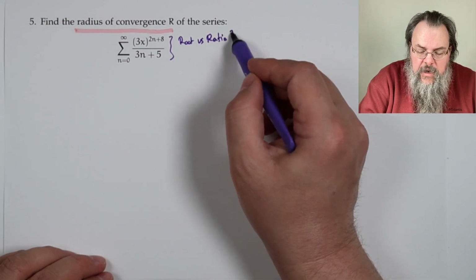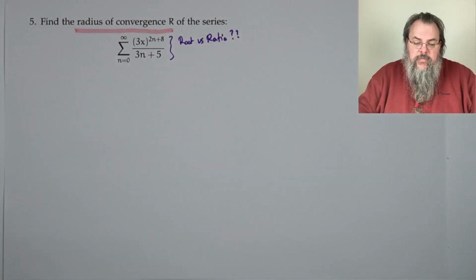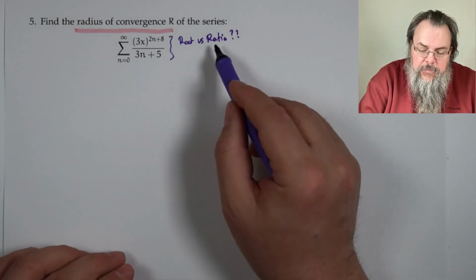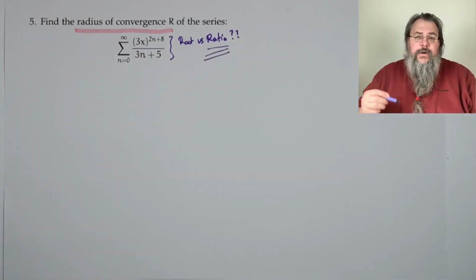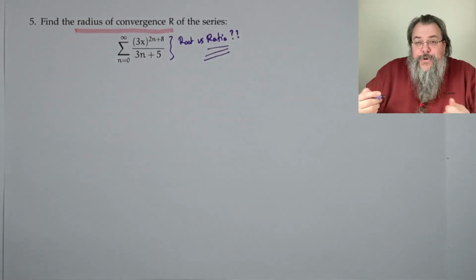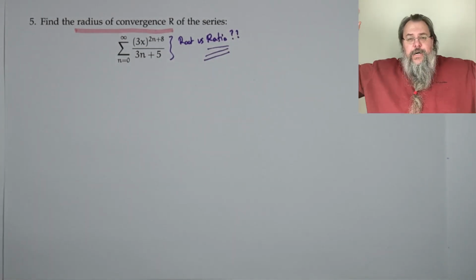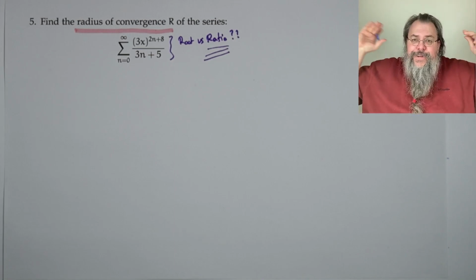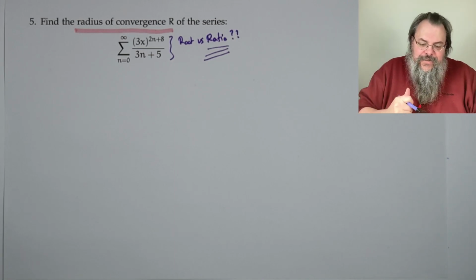I think either can work. I'm going to go ahead and be a rebel. I'm going to go with the ratio test here. And you might say, wait, I thought you were a root person. Aren't you an advocate who says you should always use the root test unless you see factorials, and then you use the ratio test?